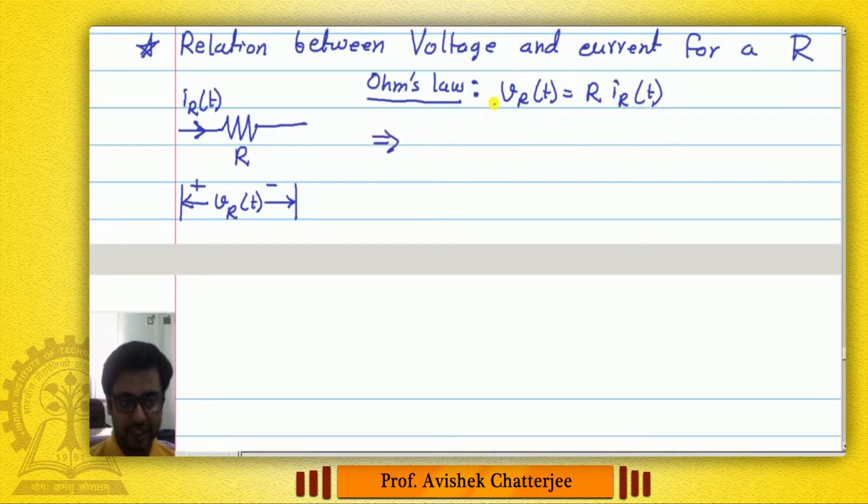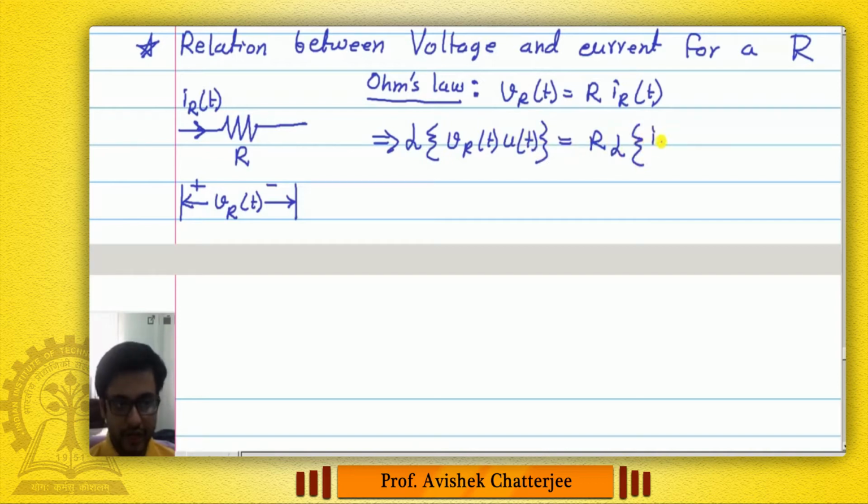Now if you take Laplace transform of both the sides, unilateral Laplace transform, then that is L of vR(t)u(t) is equal to R times Laplace transform of iR(t)u(t).